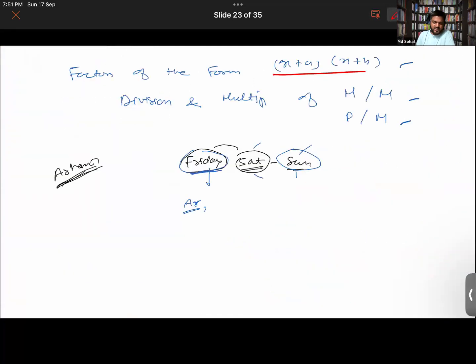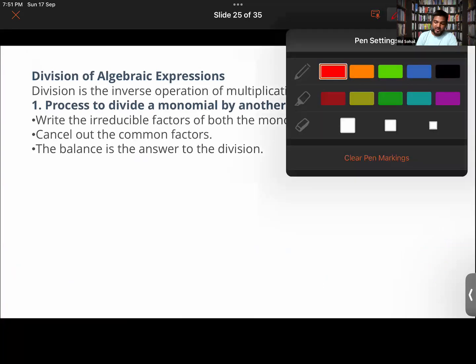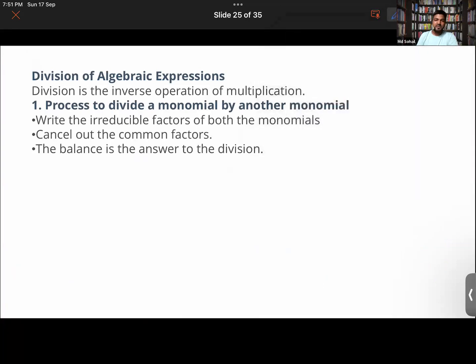Now, before solving exercise 14.3, you need to know how division takes place between monomials, between a monomial and a polynomial, and between two polynomials. You are already aware of how multiplication is done. Multiplication is simple, whether you multiply monomials, two polynomials, or a monomial and a polynomial.